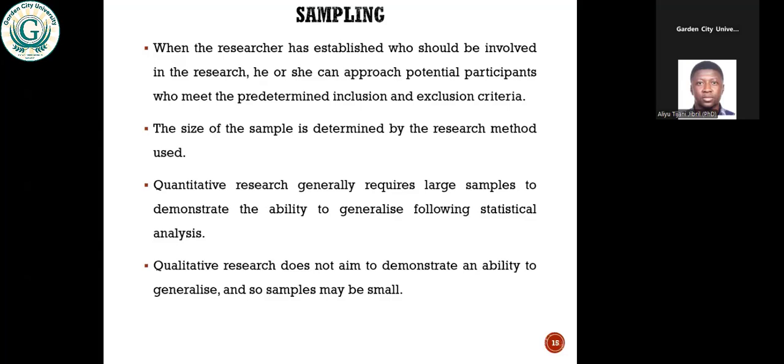And whichever sample size we decide to use, we need to be able to scientifically justify it. Now, I've come across a number of studies by students where some just state that, okay, in our study, we will use a total.